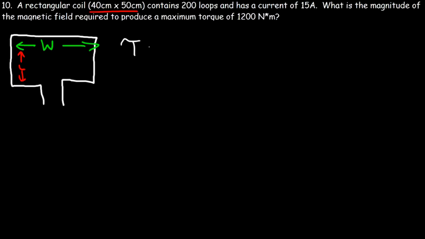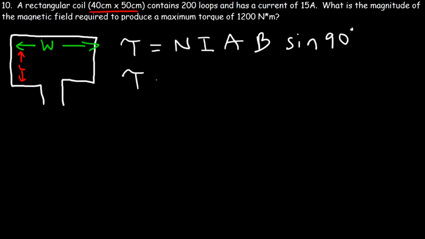So the torque is going to be equal to the number of loops times the current times the area times the magnetic field. And since we're using the maximum torque, it occurs at an angle of 90 degrees. So this is going to be sine 90. Now in this problem, the area of a rectangular coil is going to be the length times the width. And sine 90 is 1.